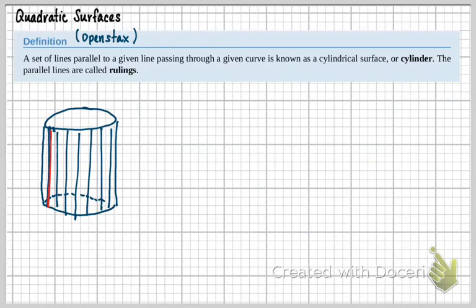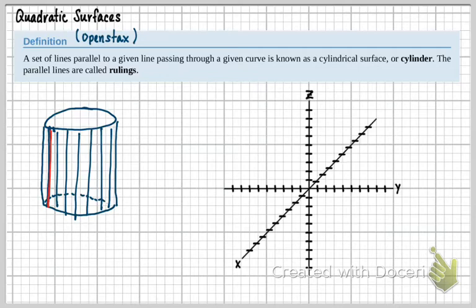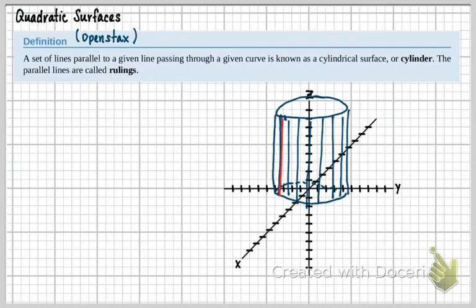So let's take this cylinder, for instance, and let's put it on a rectangular coordinate system. Not the rectangular coordinate system, but the 3D coordinate system. That looks pretty centered.